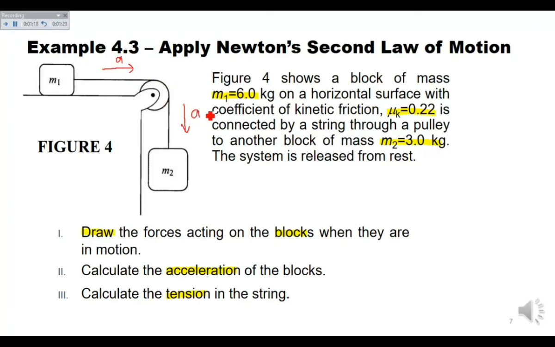Alright, jom kita lukis free body diagram untuk M1. First we have the weight, M1G. And then we have normal force, because the block is in contact with the surface.